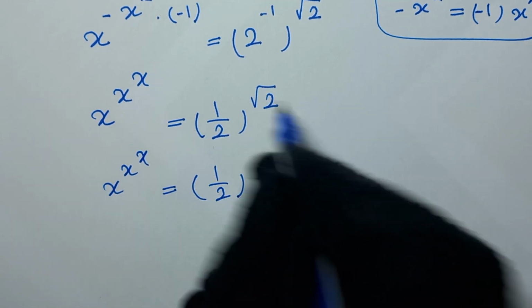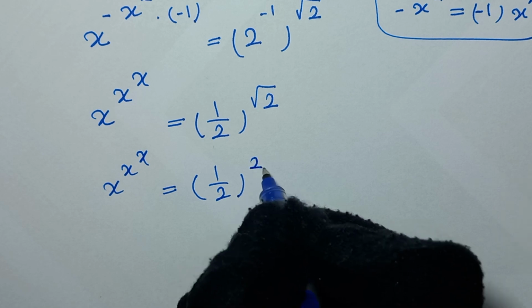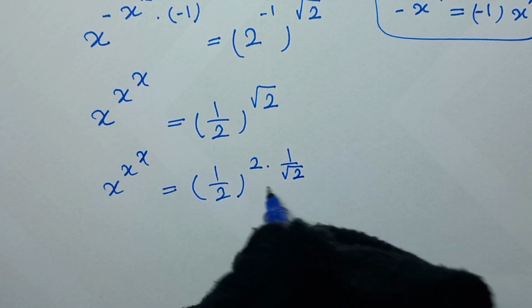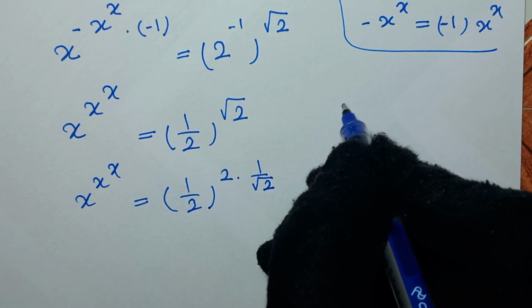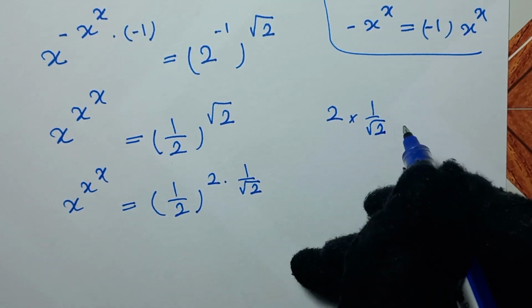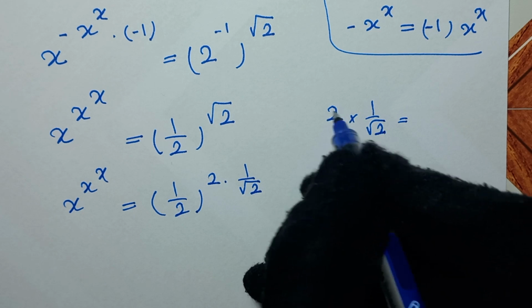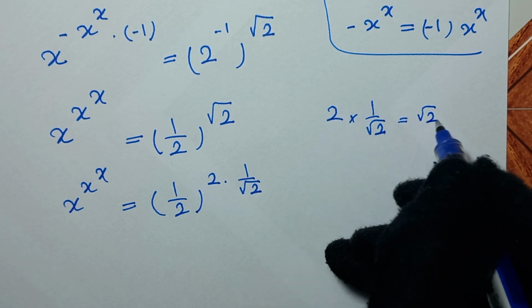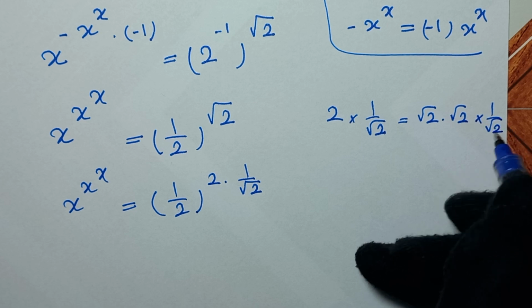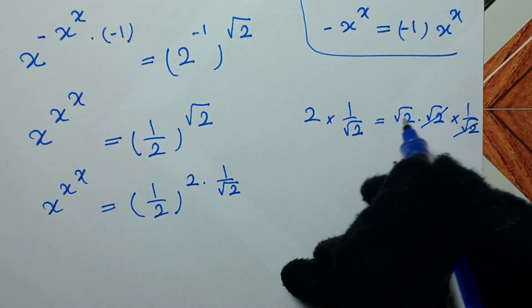We can write square root of 2 as 2 times 1 over square root of 2. We can write 2 as square root of 2 times square root of 2, times 1 over square root of 2. This will cancel this and it will be square root of 2.